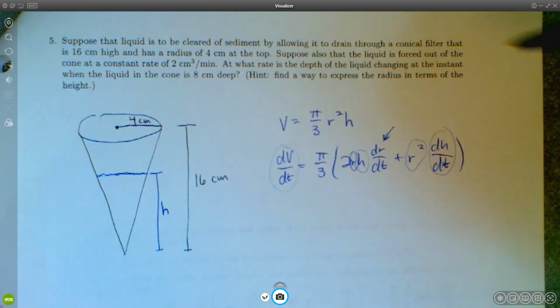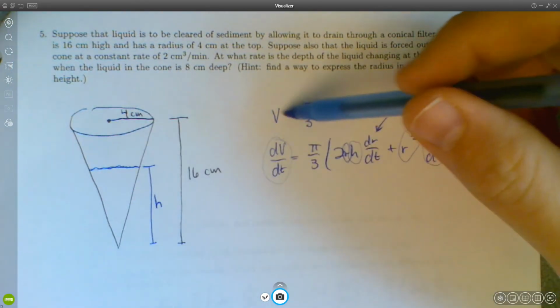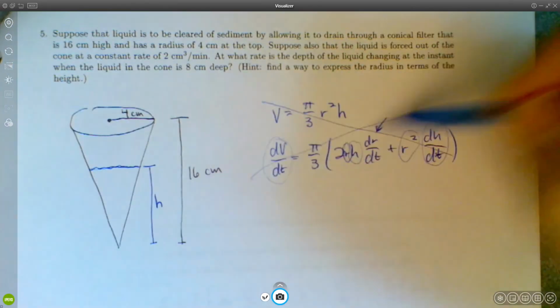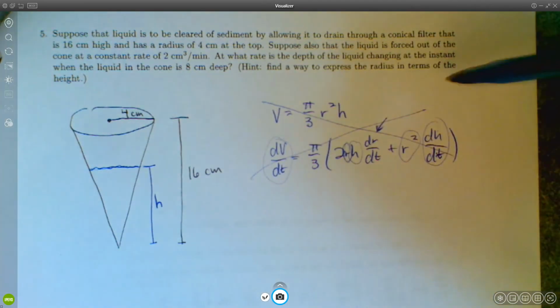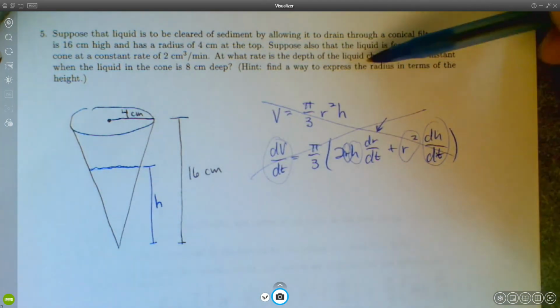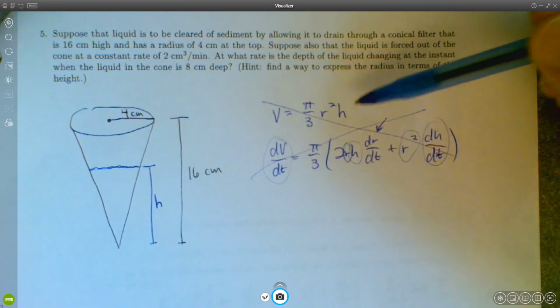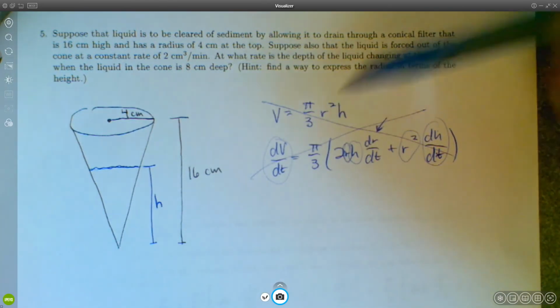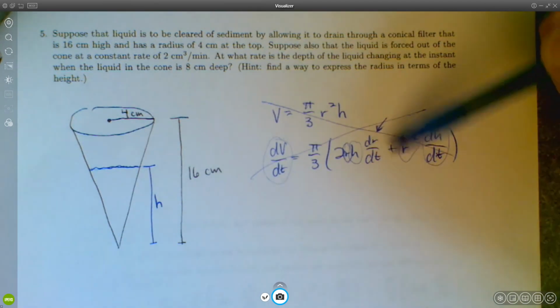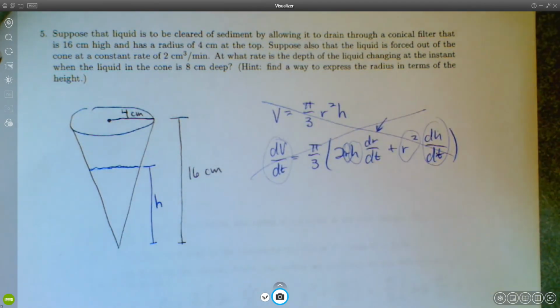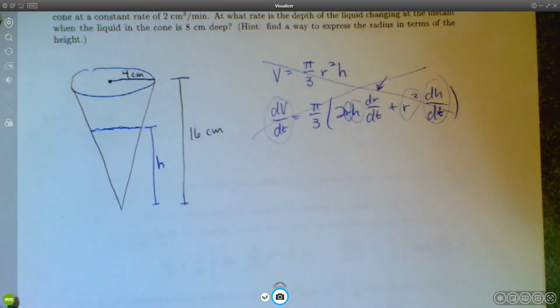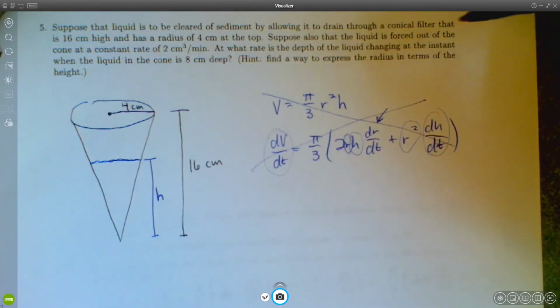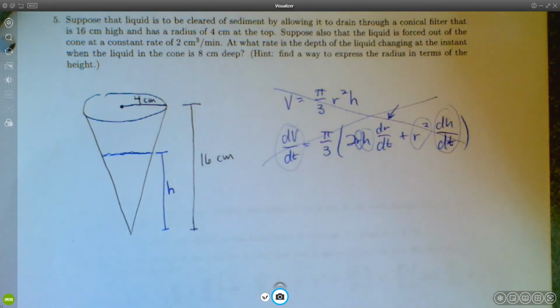So instead of doing this, I'm going to follow my hint here, and I'm first going to find a way to express the radius in terms of the height. That way, instead of having 2 variables to worry about, I'll only have 1 variable to worry about, and so I won't have so much missing information. So let's figure out how to express the radius in terms of the height.